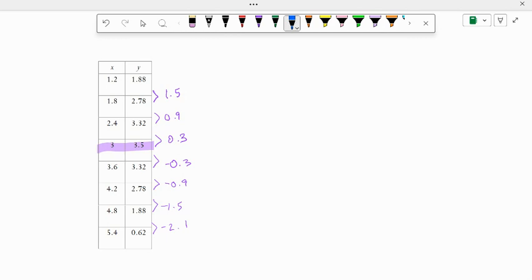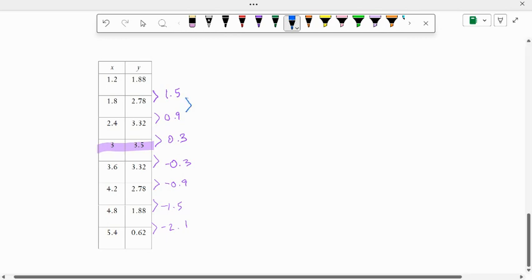If I actually do the subtraction, I now see a negative constant change here. So my rates of change are decreasing.